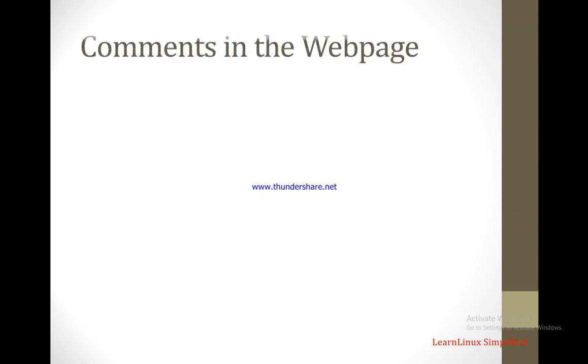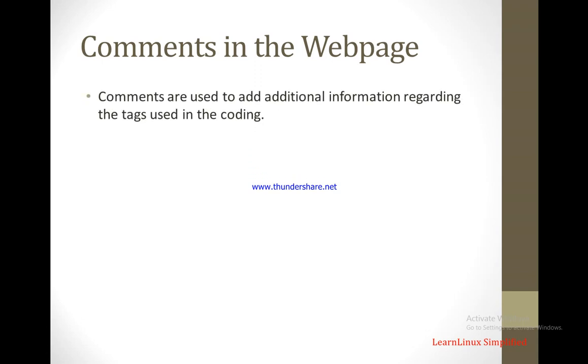Now, comments in a web page. First thing we learn: what is a comment? A comment is basically documentation in the web page or in any kind of coding, which is used to describe the purpose of particular coding in the web page. Comments are used to add additional information regarding the tags used in the coding.